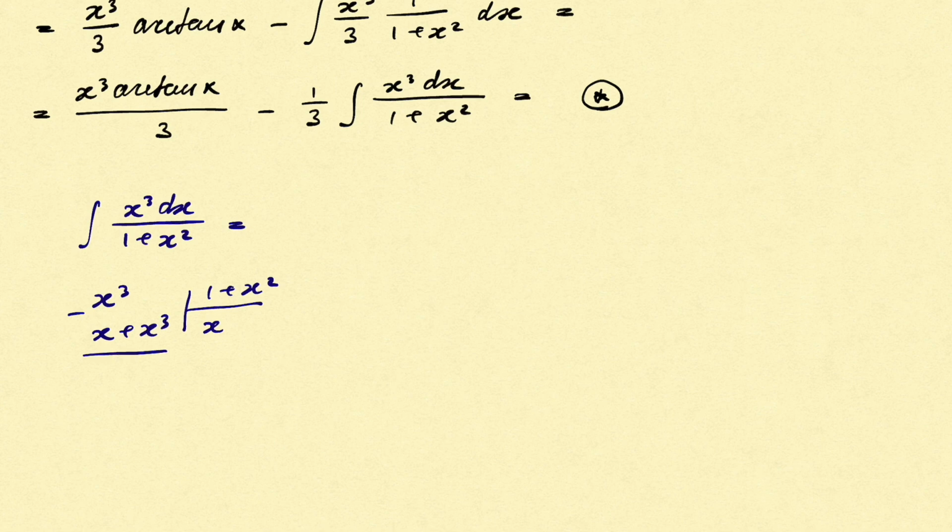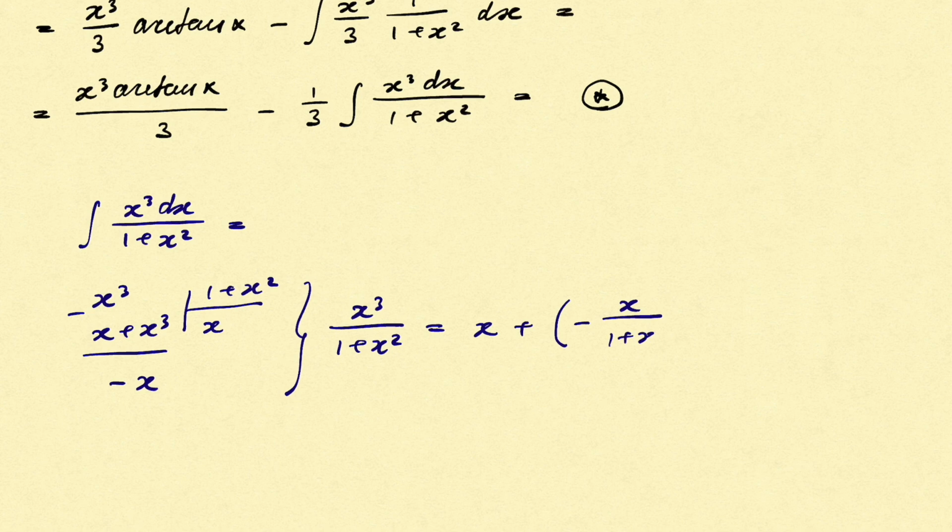When we subtract, we get minus x. Okay, now it means that minus x is our remainder, and this means that x cubed over 1 plus x squared is equal to x plus remainder minus x over 1 plus x squared.